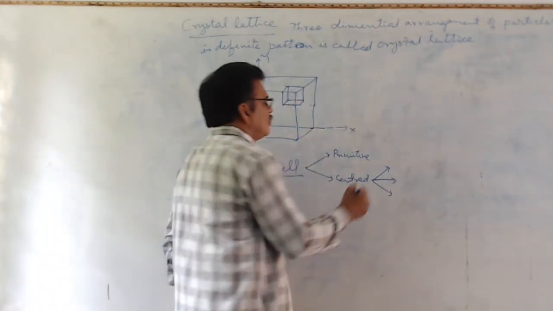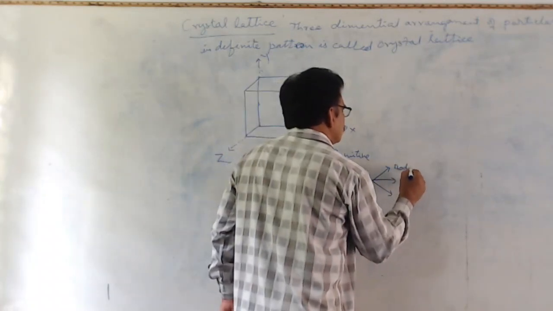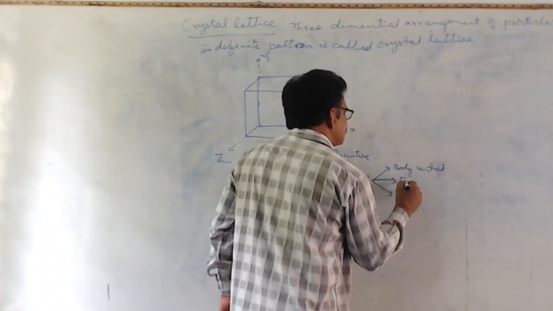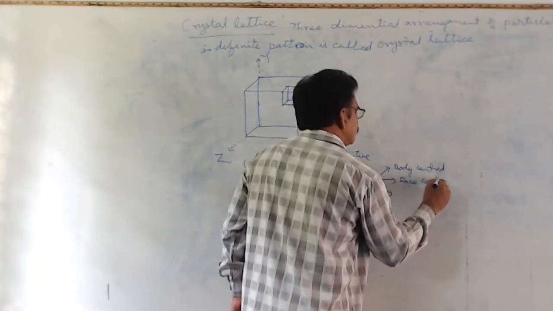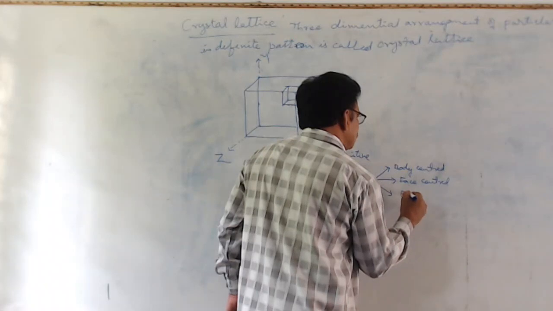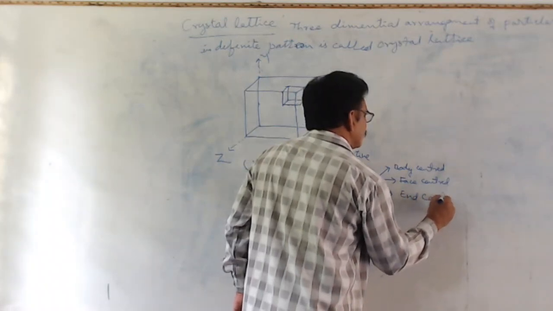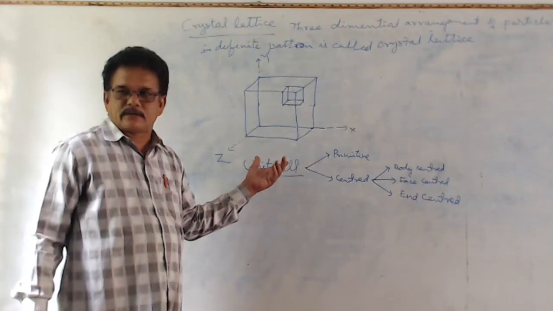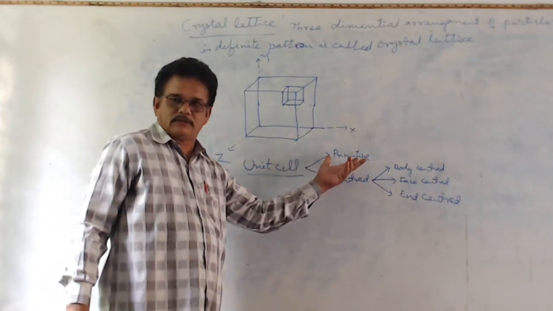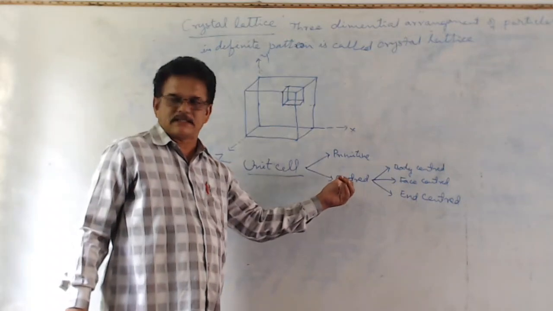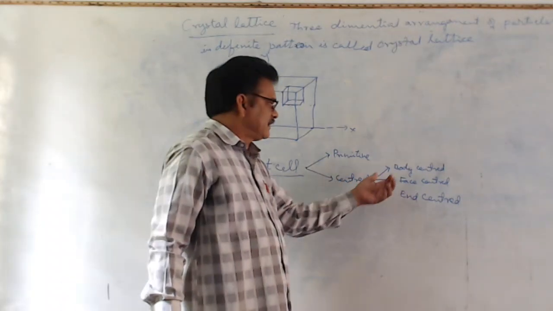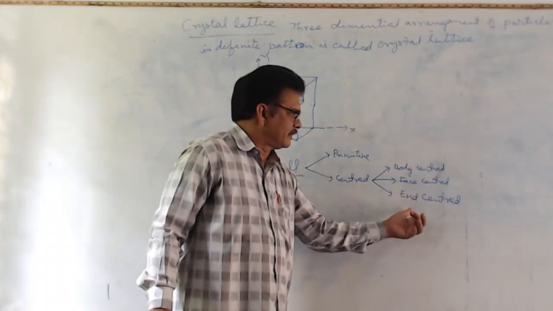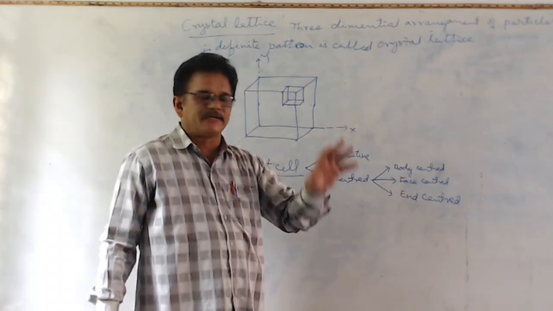They are body centered, face centered, and end centered. So unit cells are mainly of two types: primitive unit cells and centered unit cells. Centered unit cells are again divided into three types: body centered unit cells, face centered unit cells, and end centered unit cells.